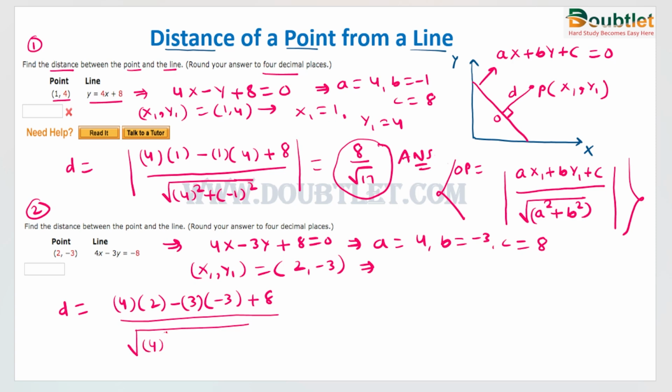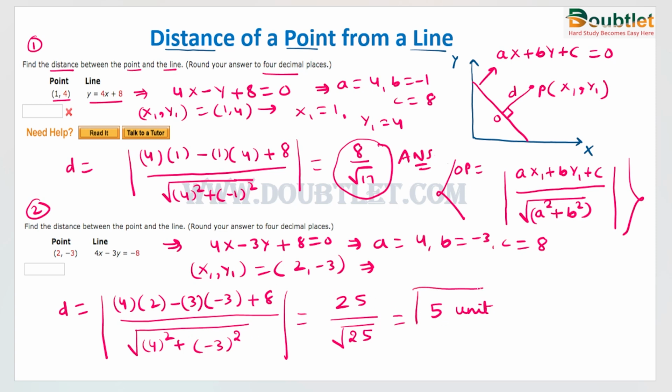So coefficient of x is 4, coefficient of y is minus 3, and we need to take the magnitude of this whole term. So this is 8, this will become 9, 17 plus 8, 25. 25 divided by, this is again 25. So if we solve this, we will get 5 units. So this is how we have solved the second question also.